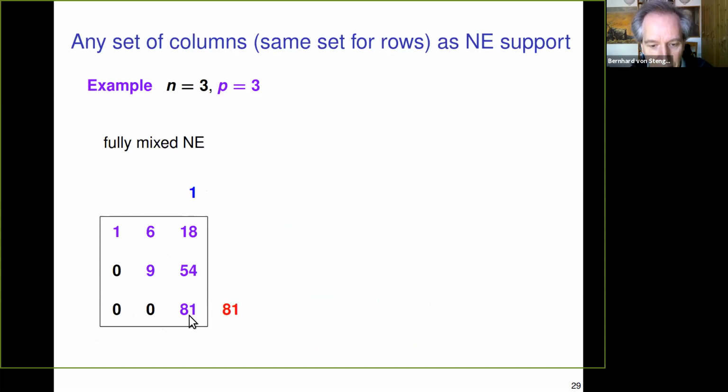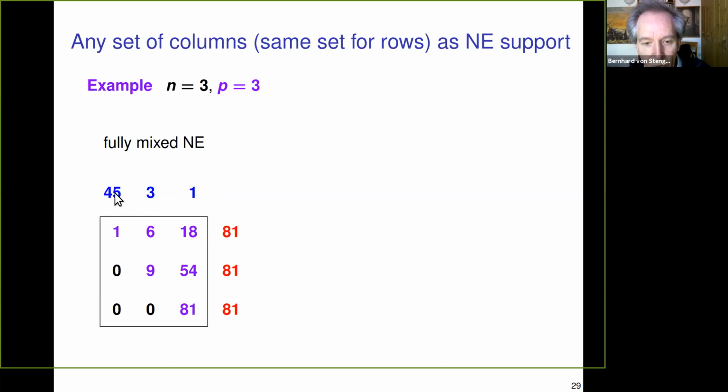I start at the bottom: 1 times 81 is 81. Now 1 times 54 is less than 81, so I can add something to make a bigger value. So I equate these 2 columns to also create 81. And then again, this row has lower weight. This works because p is bigger than 2. That's why this works. And then here I need an even higher weight.